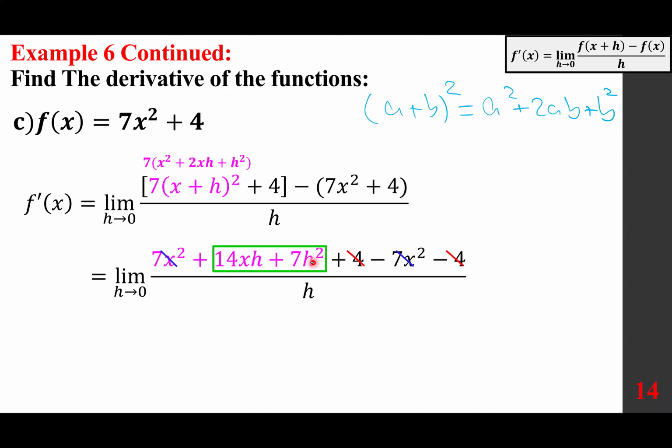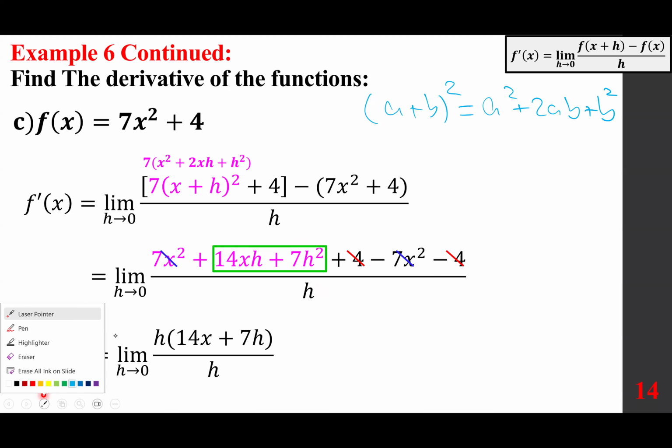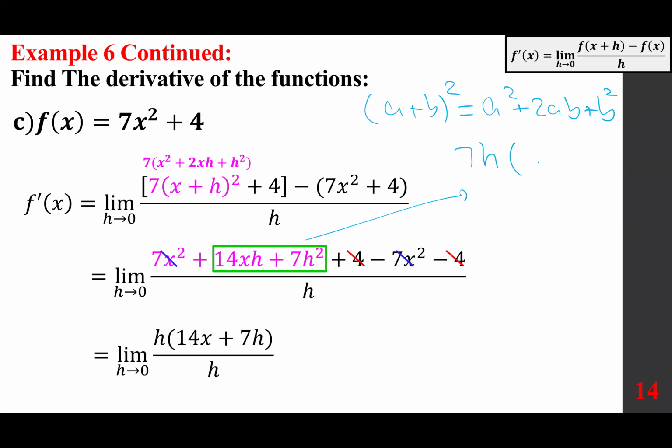We're going to factor the h out. The proper factoring is to take 7h out, okay? But because the denominator has h only, I want to just take the h out, which gives me 14x plus 7h. Again, proper factoring class would be to take 7h out.